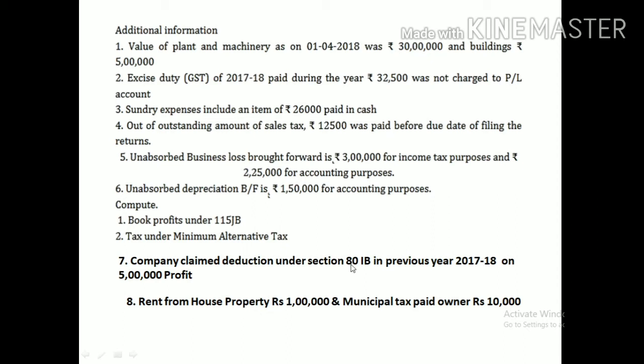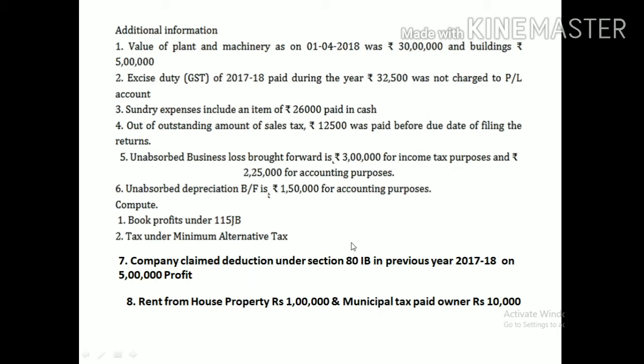But that was the deduction of 17-18. In this year also, 2018-19, the company can claim deduction under section 80IB, not on 5 lakh. Whatever profit the company earns under business income, on that they can claim deduction under section 80IB. How much percentage?